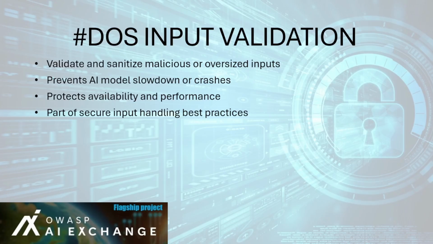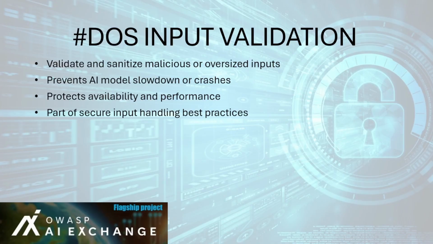Hash DOS INPUT VALIDATION. Denial of service, or DOS, input validation ensures that models don't process inputs that could overload system resources, such as extremely large or malformed data. Unchecked inputs can lead to significant downtime, impacting system availability, user trust, and business continuity. The benefits are: it prevents model and system crashes, it ensures reliable performance, and it strengthens overall input security.